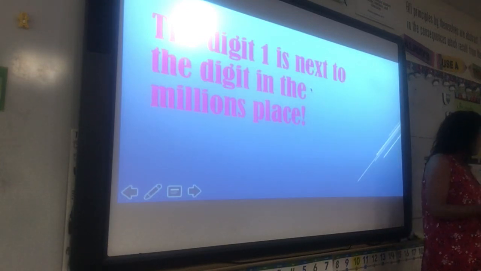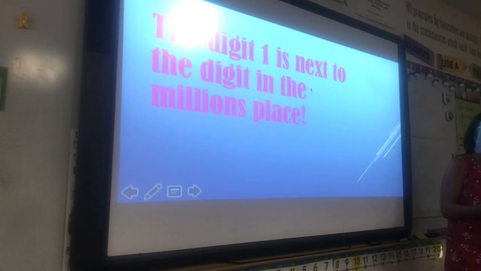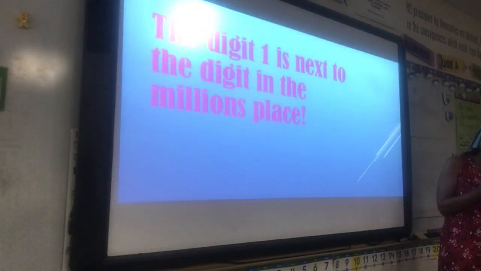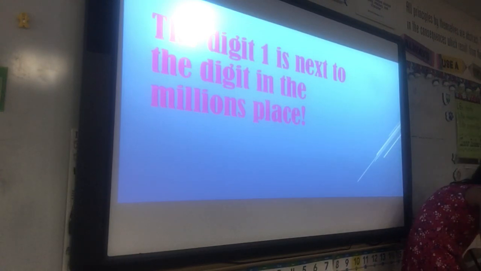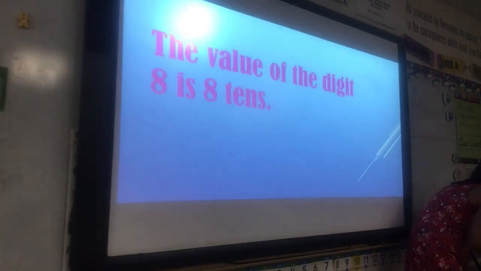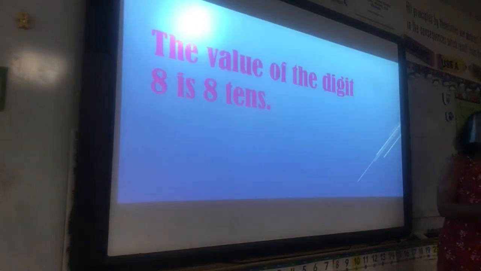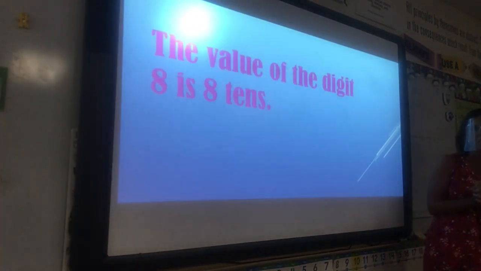The digit 1 is next to the digit in the millions place. The value of the digit 8 is 8 tens.